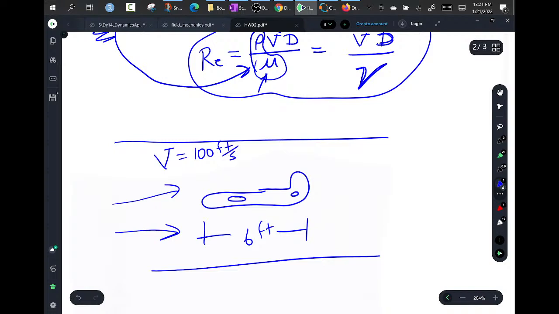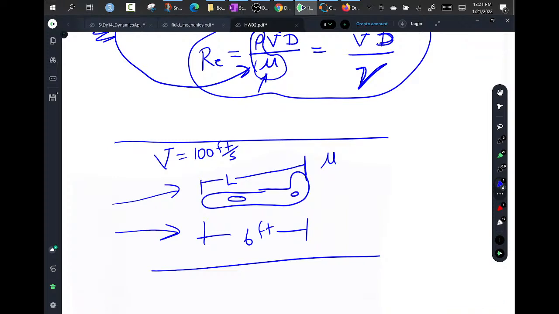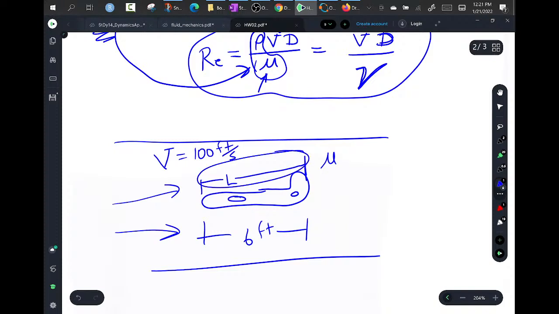Then, from the viscosity of the air and whatever length I've chosen, which for wings is often a chord length, but might be some other characteristic length, I can get a Reynolds number.